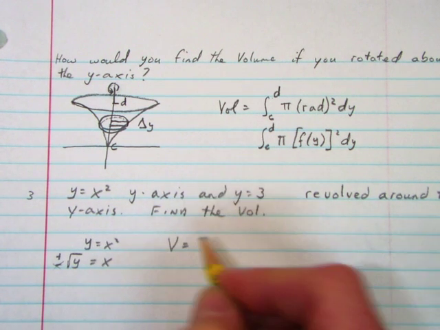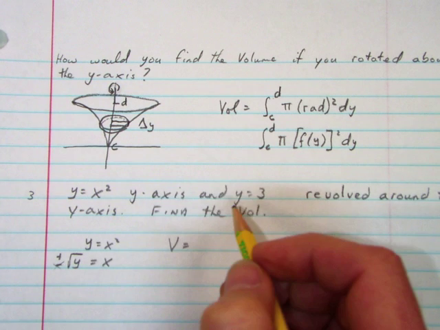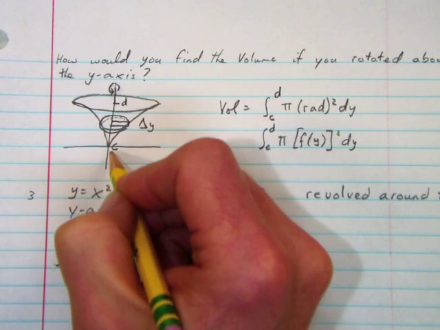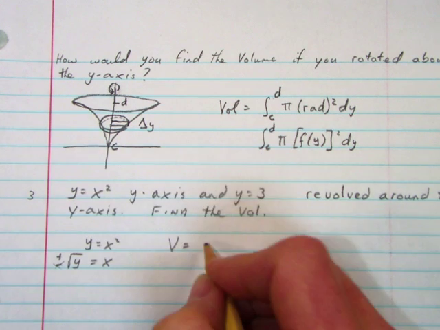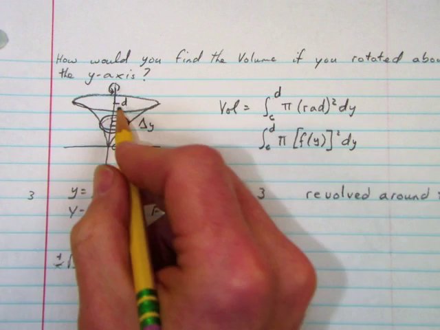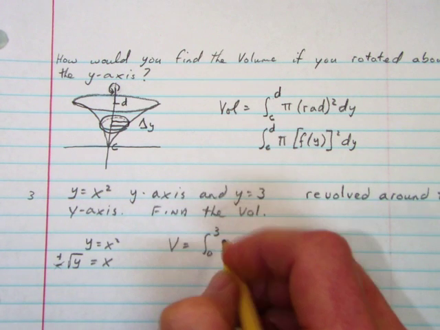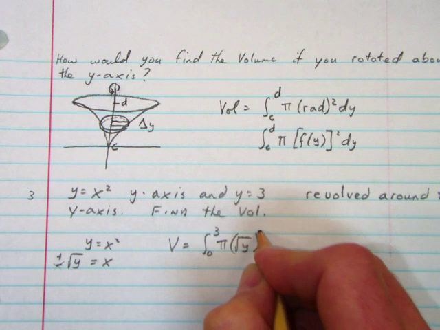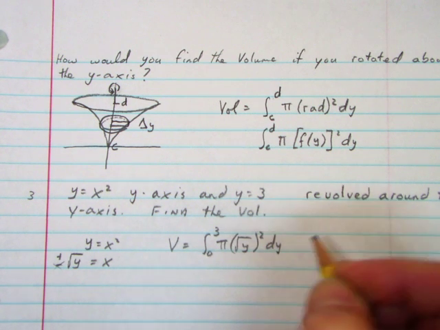So we can look and say the volume. What's our lower limit? Well, the y-axis is going to be hitting this curve y equals x squared at this point. That'll be at 0. The upper value is going to stop at 3. Integral of pi times the square root of y, quantity squared, dy.